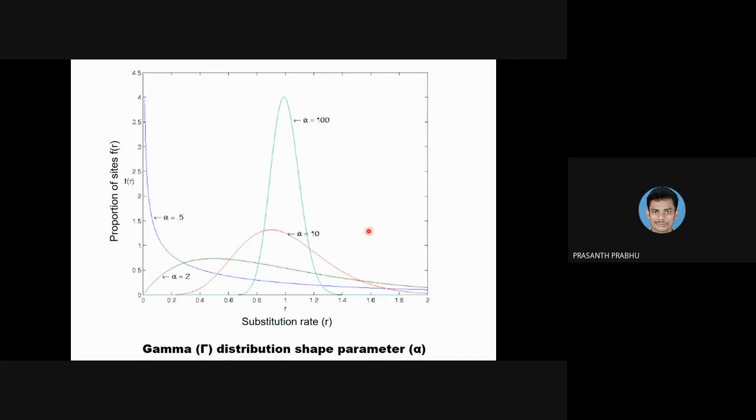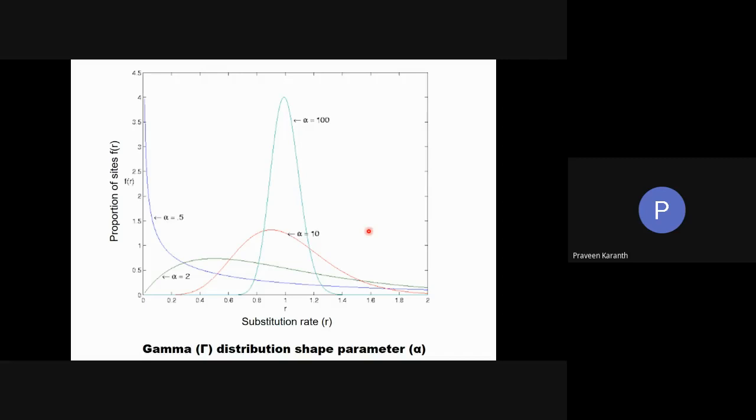So do the genes that are undergoing a high substitution rate have a high alpha value? No, they'll have a low alpha value, no? Because genes, basically, as I said, if you pick any gene, it shows among site rate variation. High alpha value is good for a marker that is not showing any among site rate variation. Right?